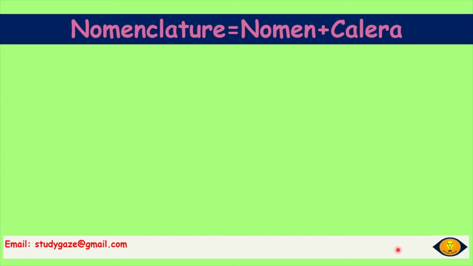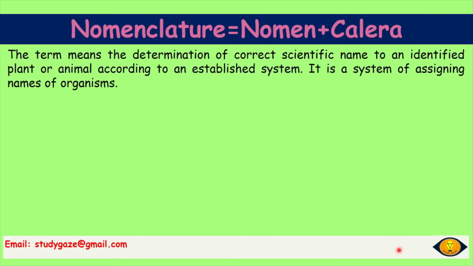Now, what is nomenclature? The word nomenclature came from two Latin words, nomen meaning name and calare meaning to call. Therefore, nomenclature is actually the way we call any organism. The term nomenclature means the determination of correct scientific name to an identified plant or animal according to an established system.